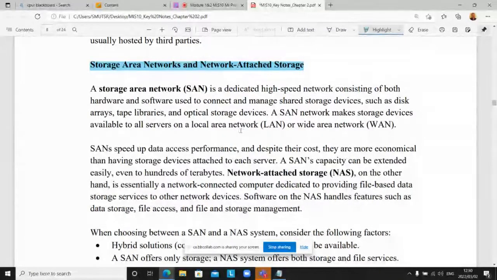SAN and NAS. Okay, storage area network is networked hard drives.